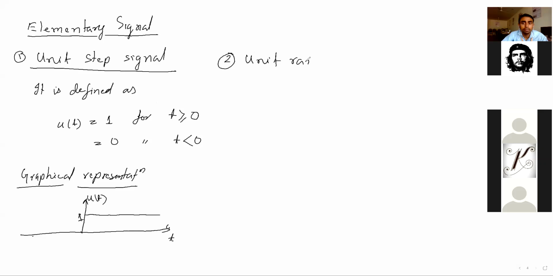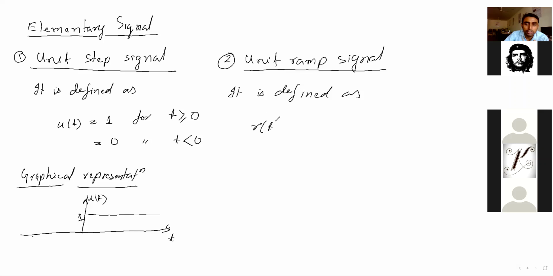The unit ramp signal is represented by r(t). r(t) equals t when t is greater than or equal to 0, and 0 when t is less than 0. Here for the unit step it was 1, but for the unit ramp signal t will be there.